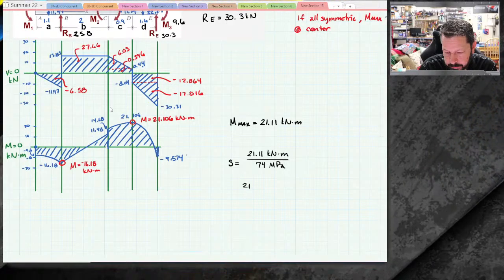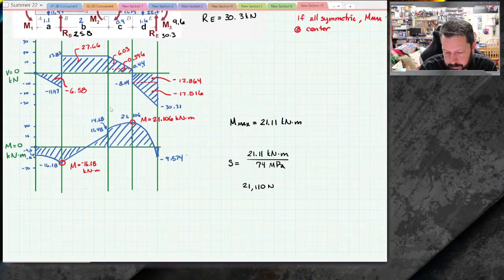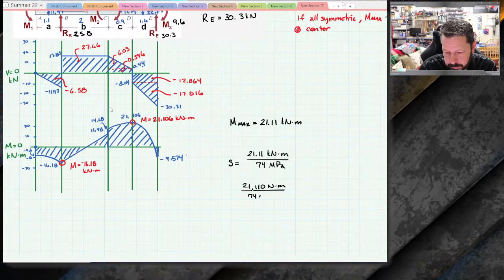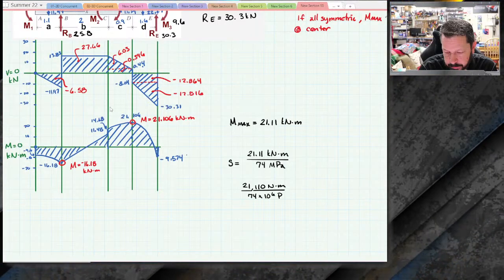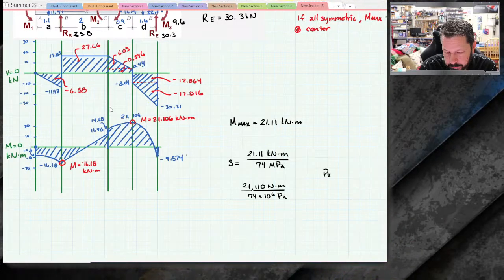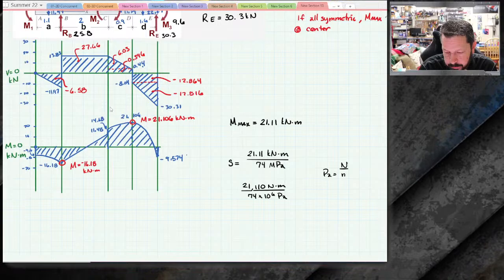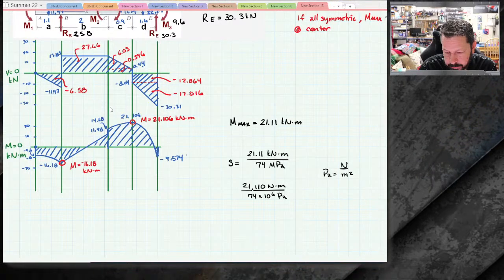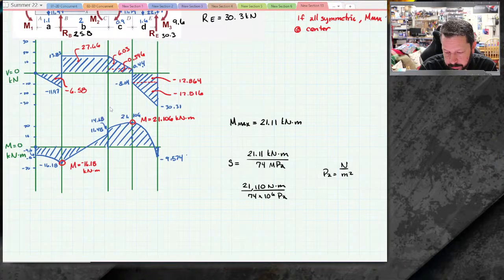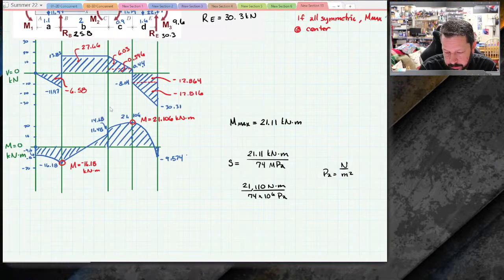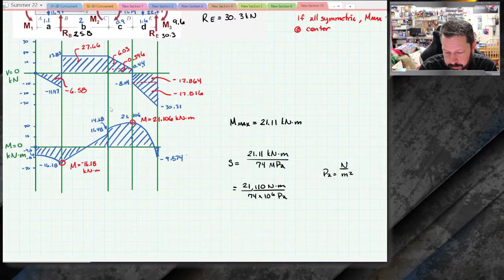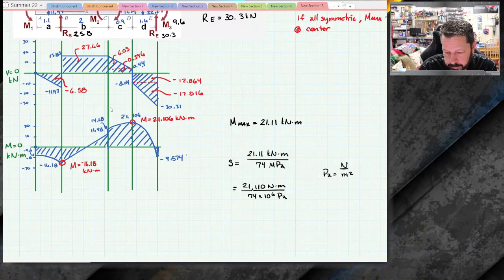So this will be 21,110 Newton meters over 74 times 10 to the 6th pascals, where a pascal is a Newton per meter squared. So you can always just remember that just by the stress equation for axial stress, force divided by cross-sectional area. So now if I divide these numbers, S will come out in meters cubed.